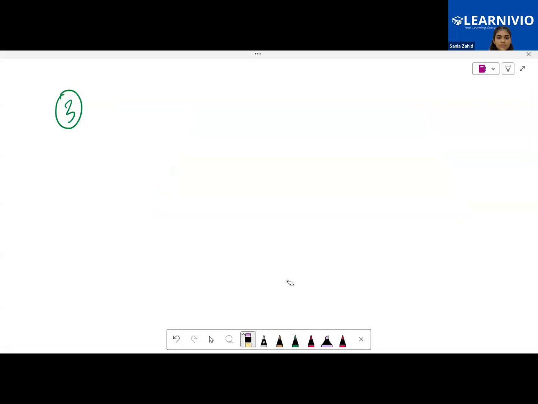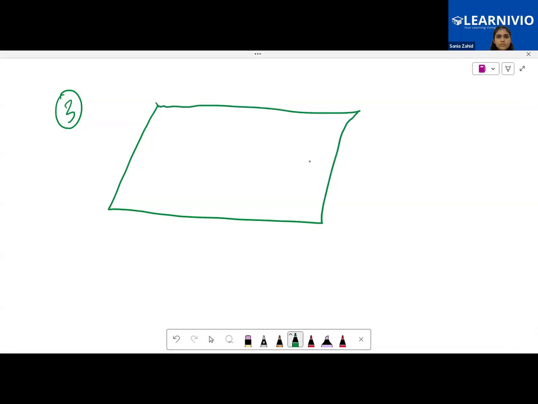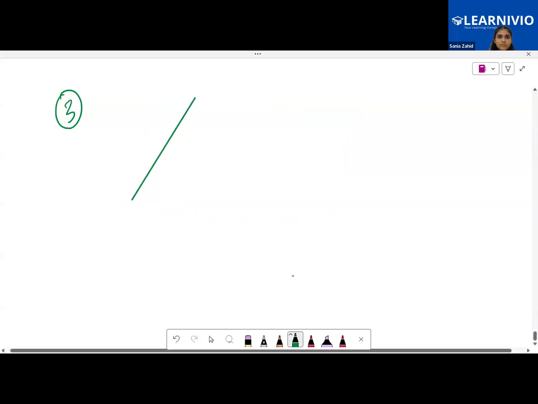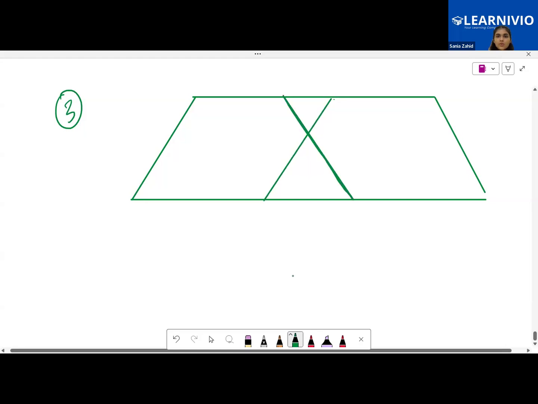See, you have two parallelograms. One is ABCD.